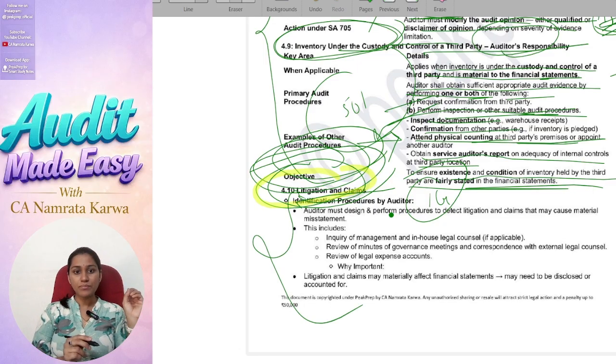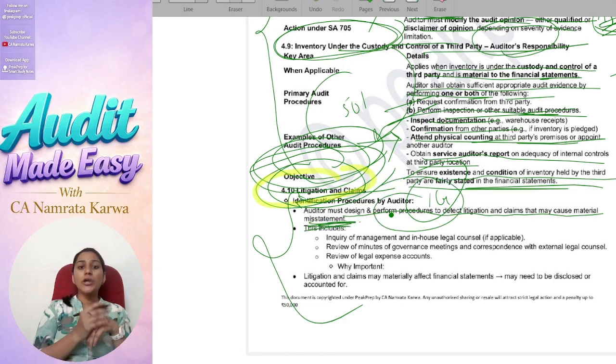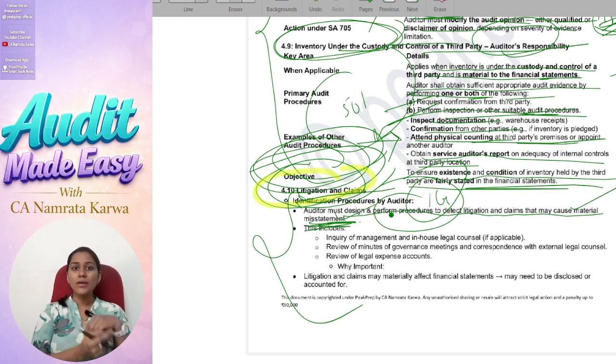So the auditor must design and perform audit procedures to detect litigation and claims that may cause material misstatement. Yes, absolutely. It might happen that the company is trying to mislead.